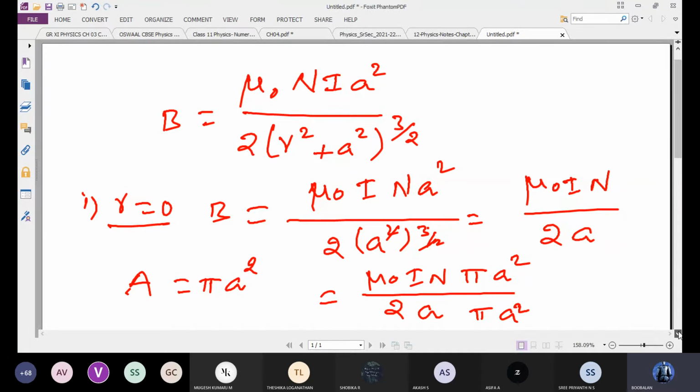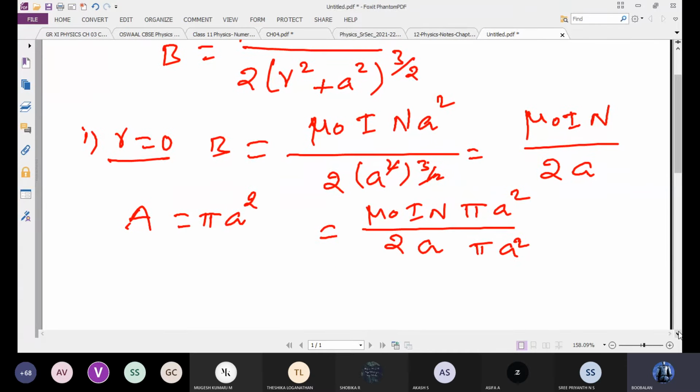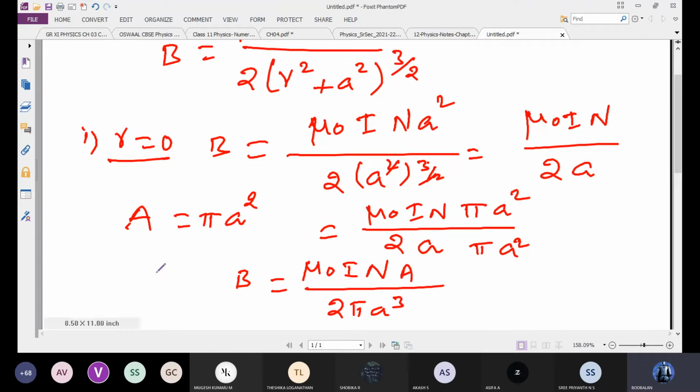So the pi a square value is capital A. So you will get B equal to mu naught I n a divided by 2 pi a cube. So this is the third formula.